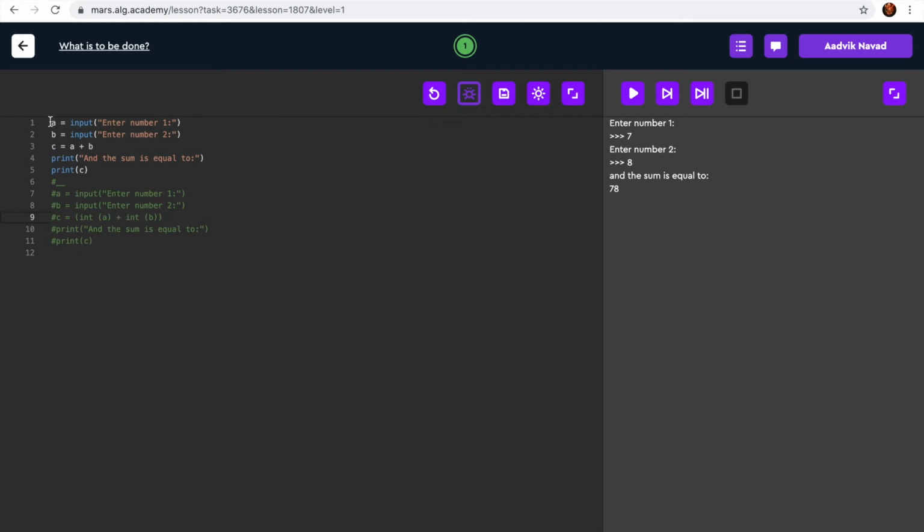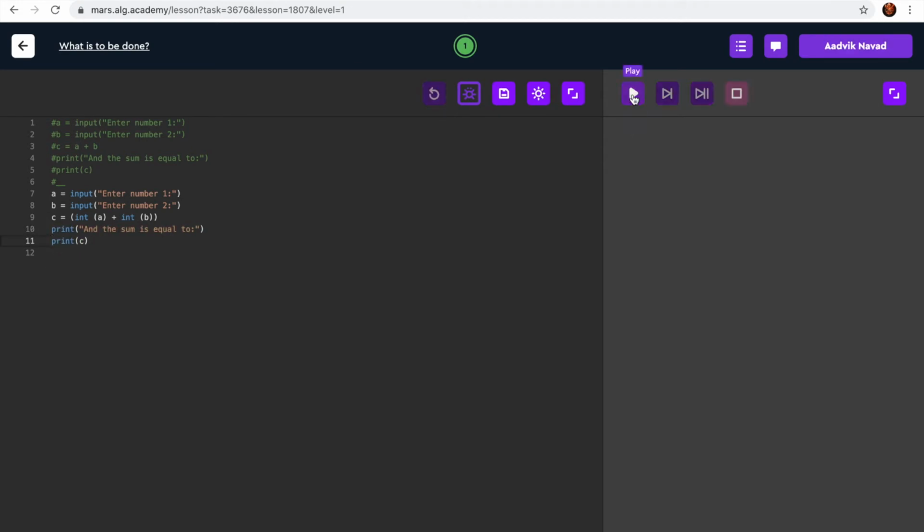So if I comment all of these, oops, didn't click properly. If I don't comment these, you're thinking, why can't you just leave them and just play the second piece of code? Now it's actually going to run the first piece of code first. So just quickly comment all of these out, and now when you play the code, it's actually going to do the math function, and it's not just going to squash the two numbers together.